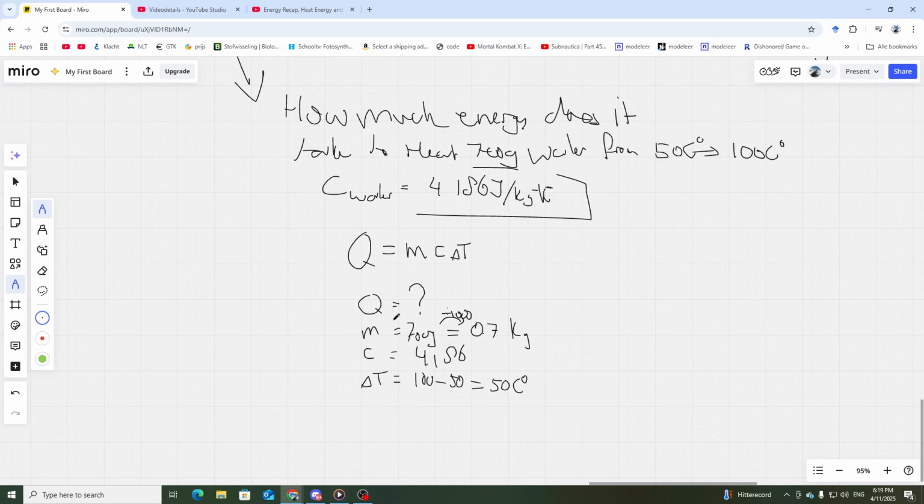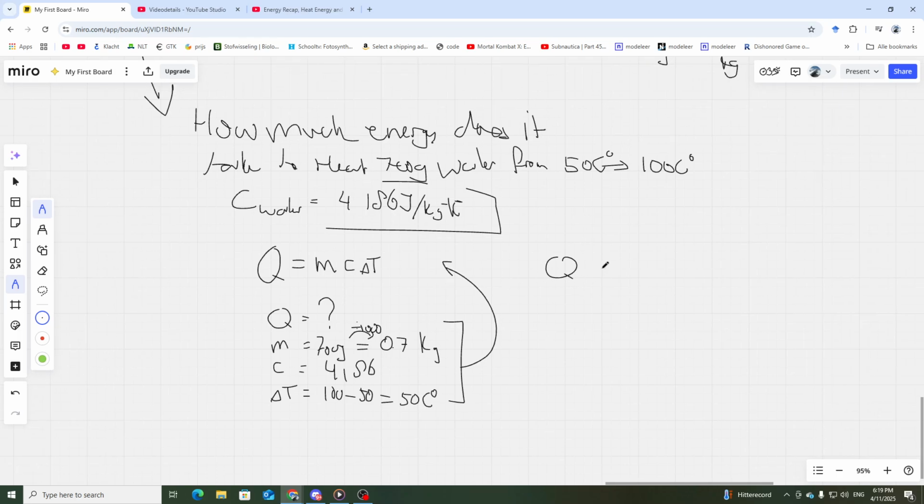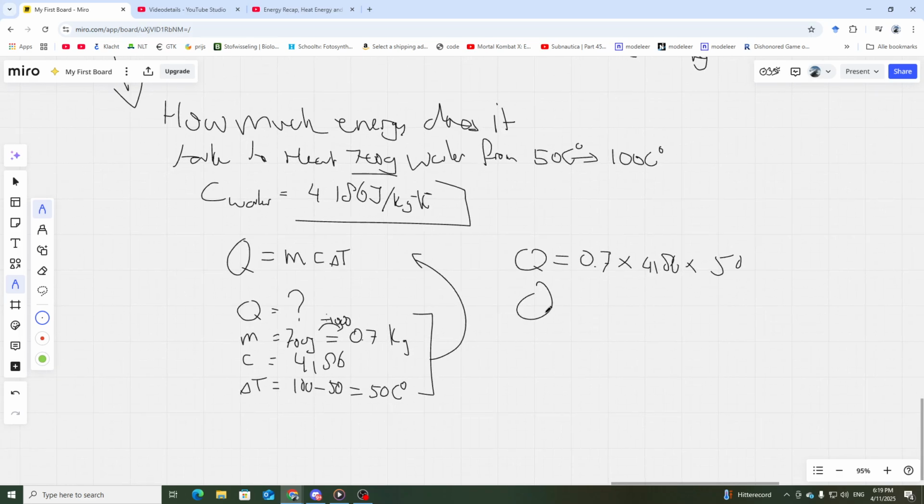So that leaves us with Q to be calculated. All right, and now that I have all my digits, I can plug these into my formula. So let's do that. Q is equal to 0.7 times my C, 4,186, times my temperature difference, 50. Let's do some math.